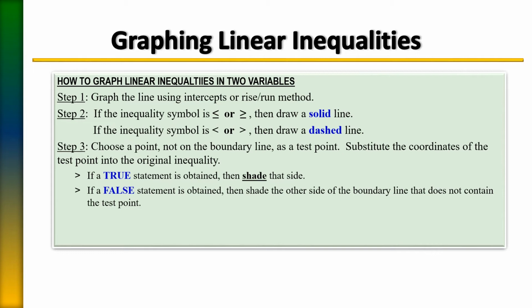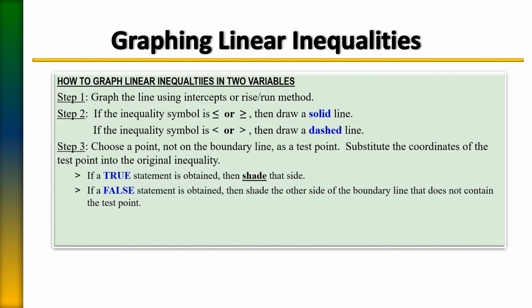You can use whatever method is comfortable for you, whether that's graphing using the x and y intercepts or graphing using the rise over run method. Simply graph the line. Step 2, in terms of sketching your line, you're going to be sketching either a solid or a dashed line.